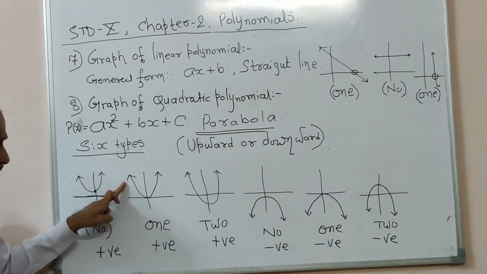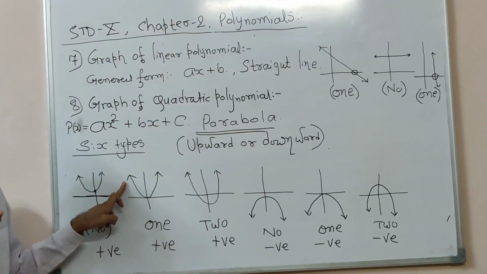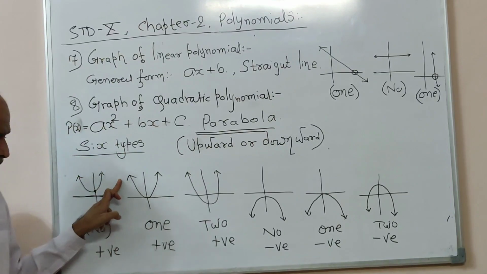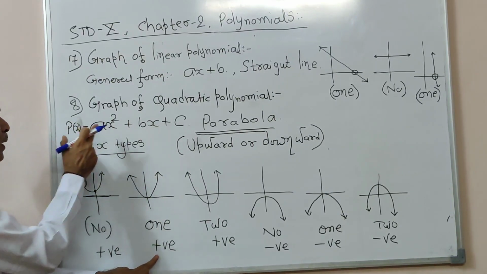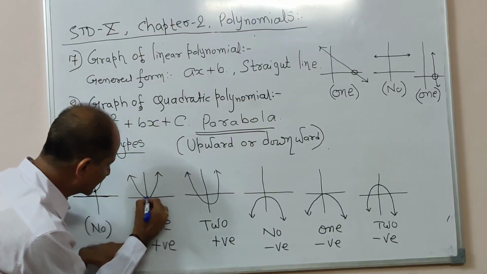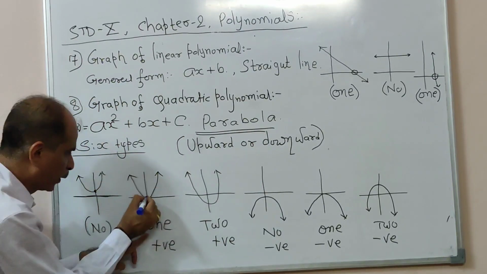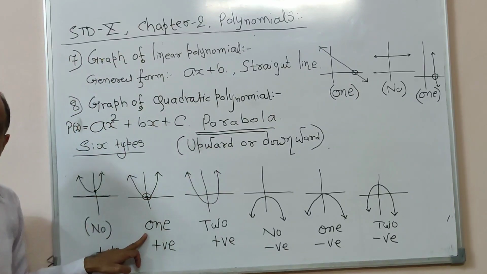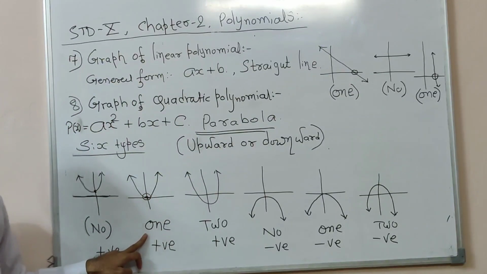If you observe this graph, it is also an upward parabola, and that's why the coefficient of x square, that is a, is positive, and it intersects the x-axis at one point, and that's why it has only one zero.